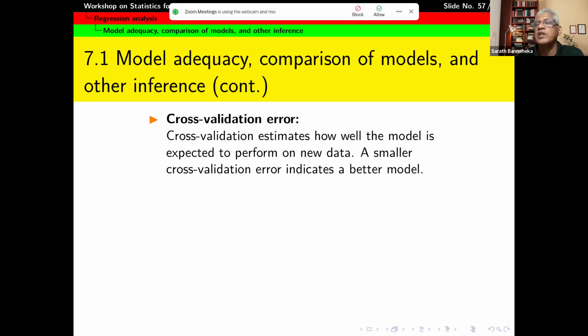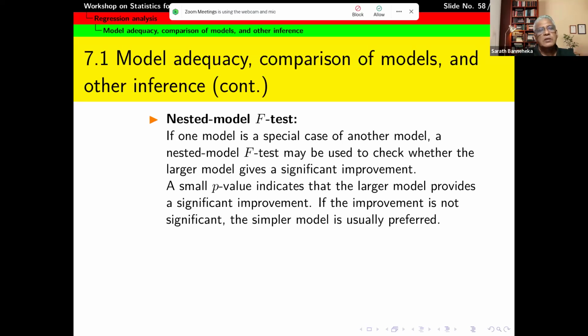You substitute new X values and get the fitted Y values from those models, and then look at the difference between actual Y values and the fitted Y values, right? So a model that is good should have small root mean square error, mean absolute error, and so on, for the new data also, right?